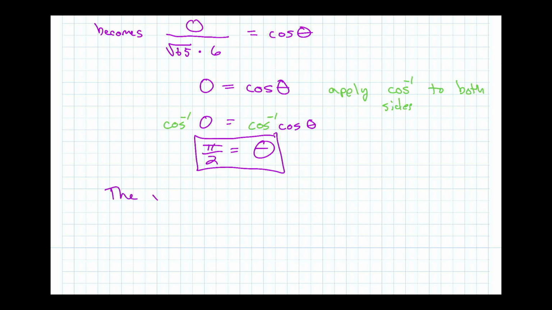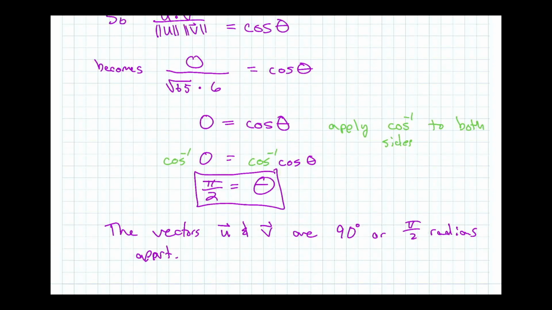So the vectors u and v are 90 degrees or pi over 2 radians apart. That's the angle. Okay, so that's the deal.